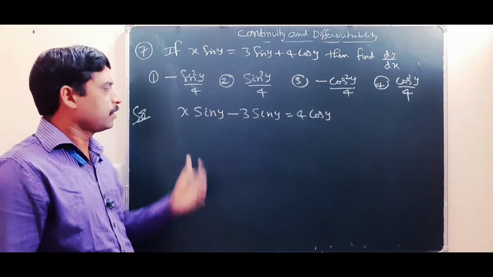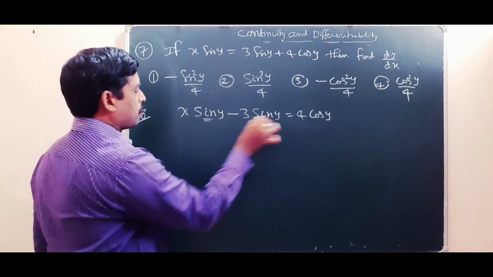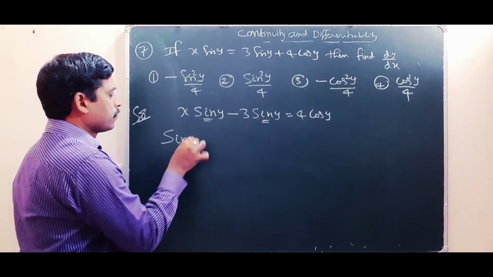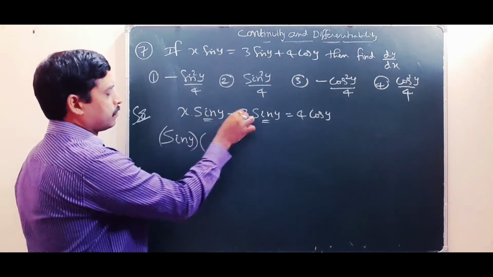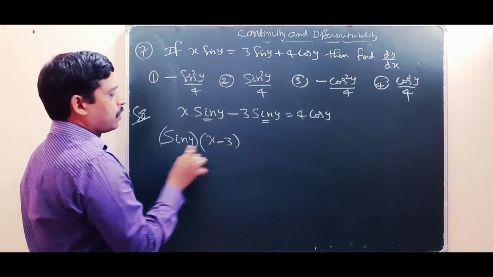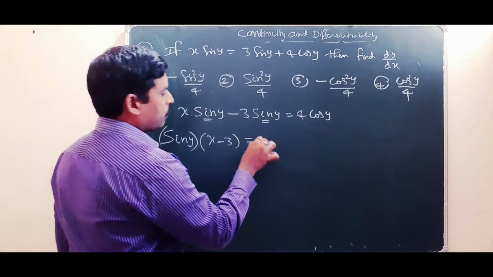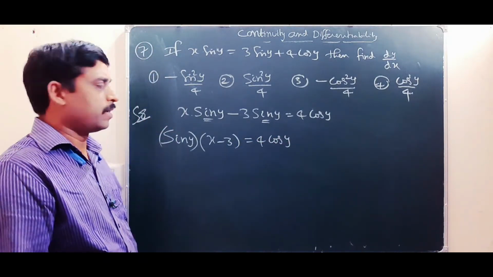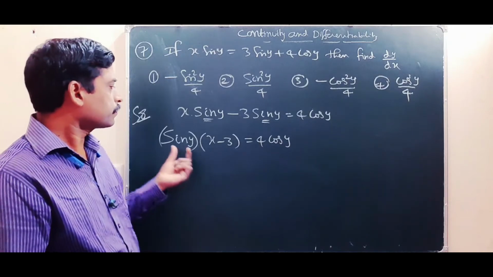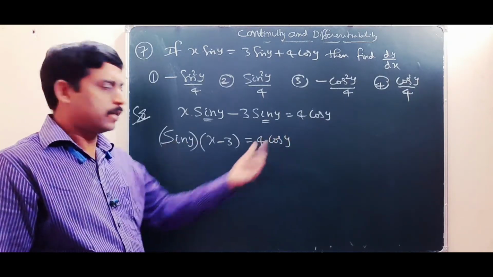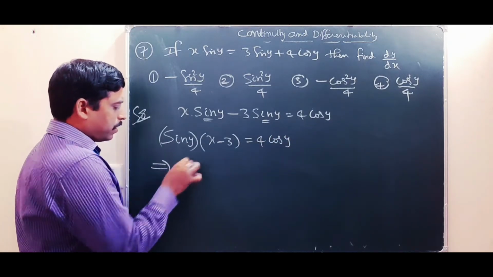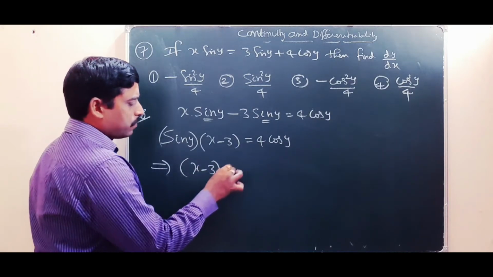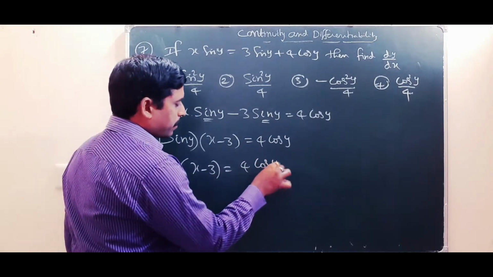On the left side, sin y is common, so sin y into (x minus 3) equals 4 cos y. But our target is dy by dx. This sin y, bring to the right side. So what we get? x minus 3 is equal to 4 cos y by sin y.